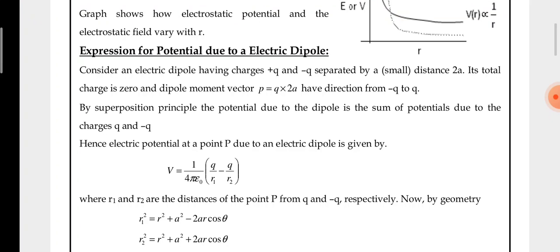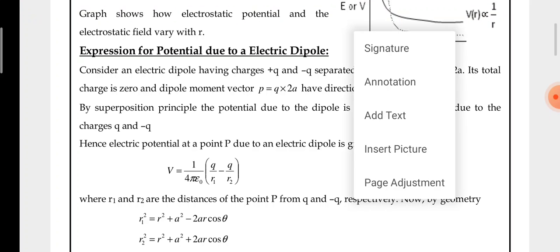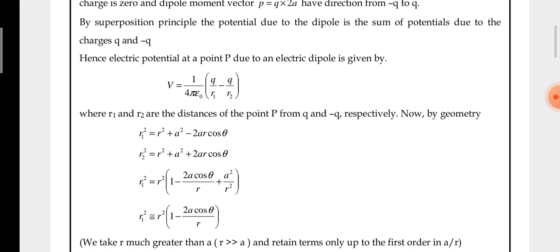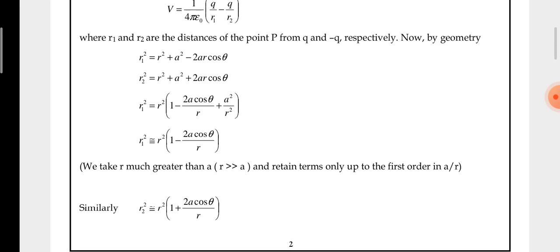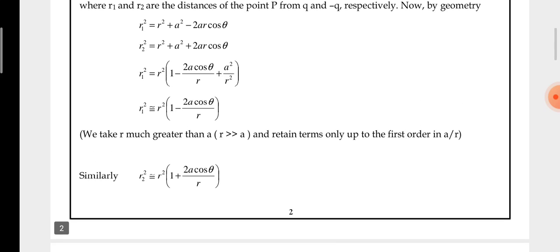That step has not been given in the material. So total potential V is equal to 1 by 4 pi epsilon naught, which is common, q also common, q divided by r1 minus q divided by r2, where r1 and r2 are the distances of point P from plus q and minus q, as already shown in the diagram.